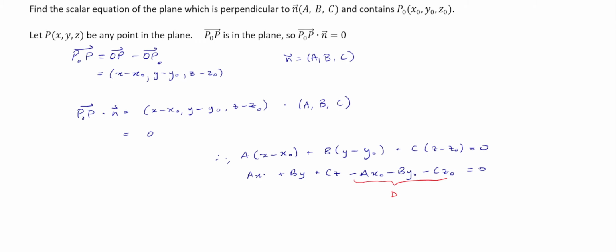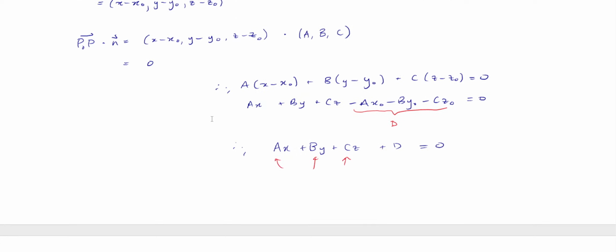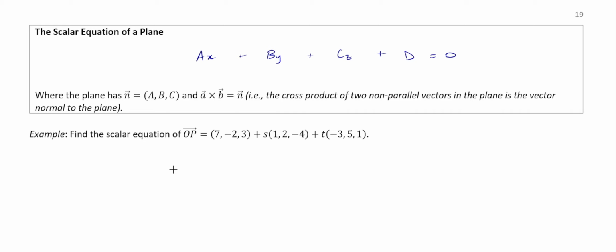So therefore, AX plus BY plus CZ plus D is equal to 0. And you can see that these right here are components of the normal vector to the plane. So the scalar equation of the plane is given by AX plus BY plus CZ plus D equals 0, where the plane has a normal vector ABC.